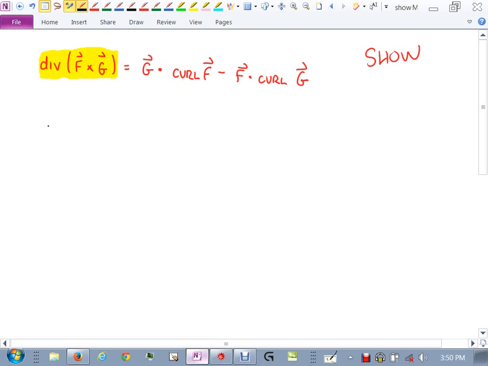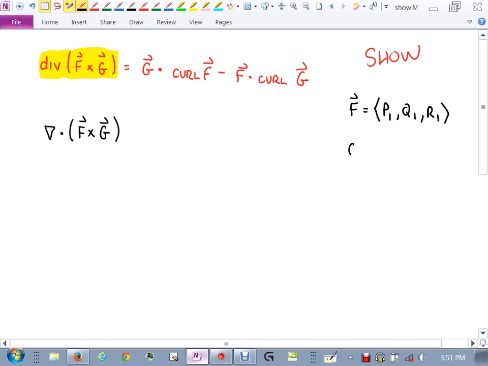All right, I'm going to start by just rewriting the definition of div. Div is the del dotted with f cross g. Do you agree with that? Now for this example, I'm going to have to define f over here. F is P, Q, R. I'm going to call it P1, Q1, R1.